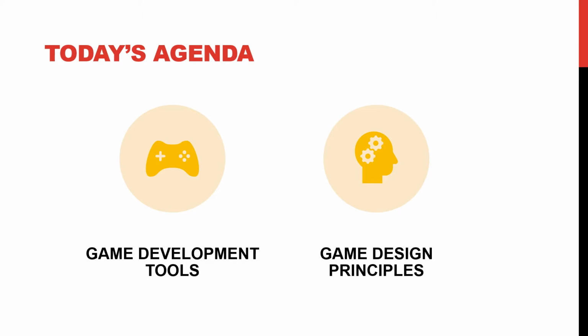Overall, the point of this lecture is to give you some ideas on what tools you might want to learn or what things you want to emphasize when you are looking for new skills, and also help you get started with the game design work for your own game product, and get an understanding of how the industry operates in general when they are designing their new products.